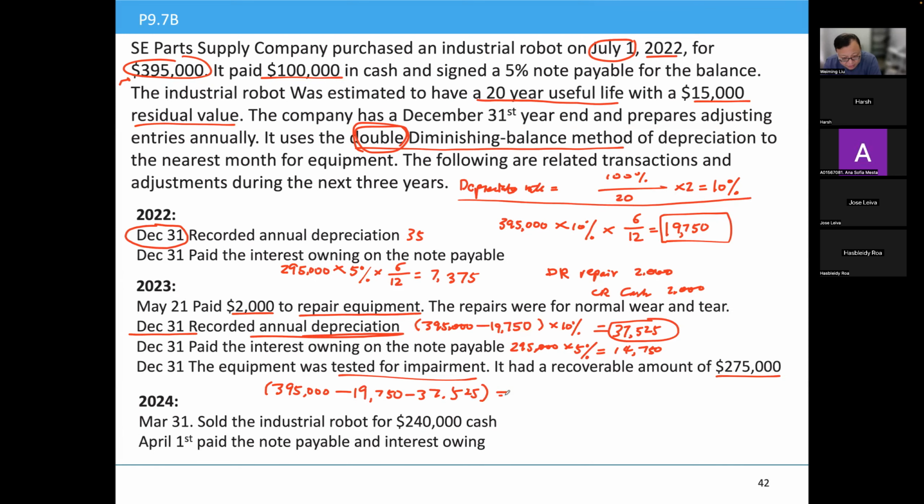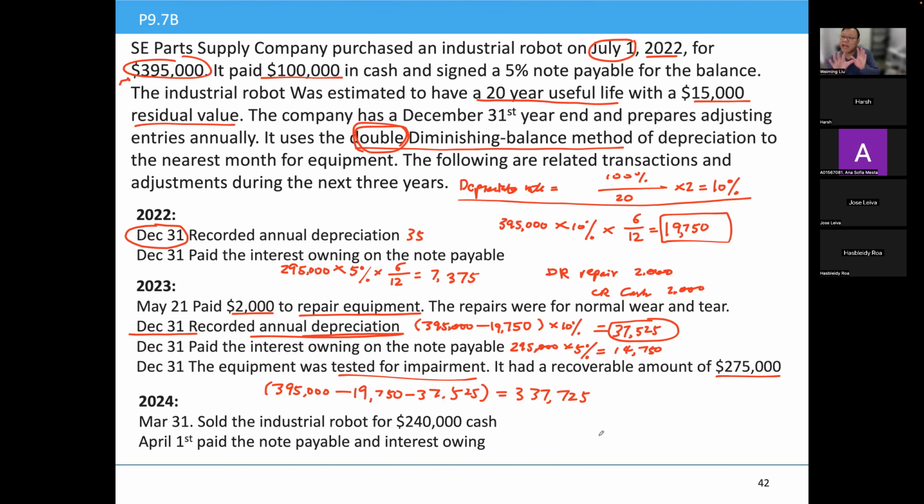So let me quickly check this. Minus 19,750 minus 37,525. So I have 337,725.